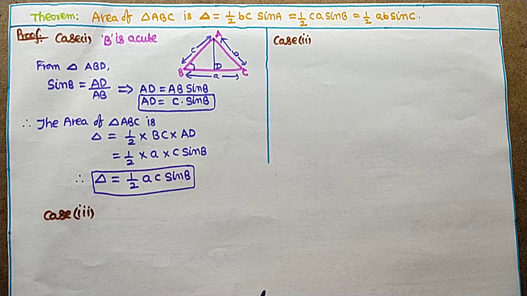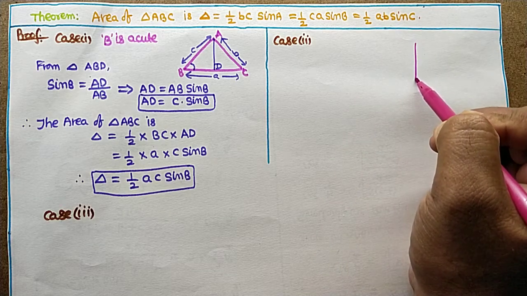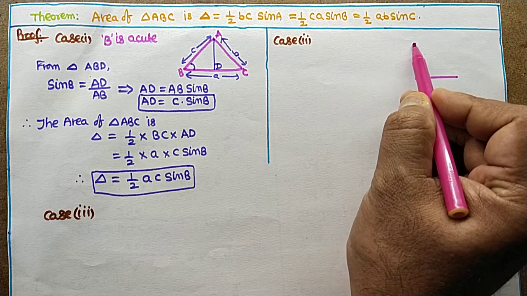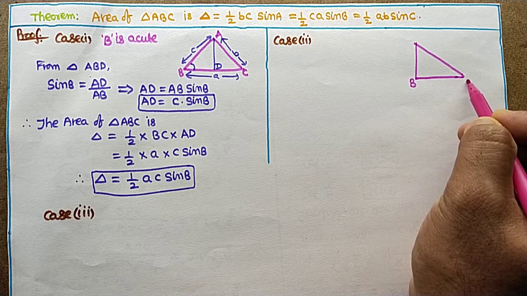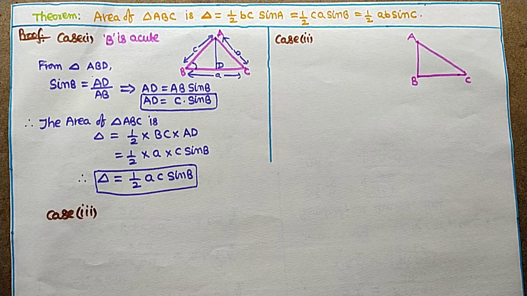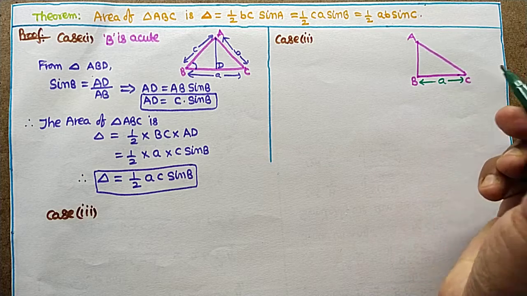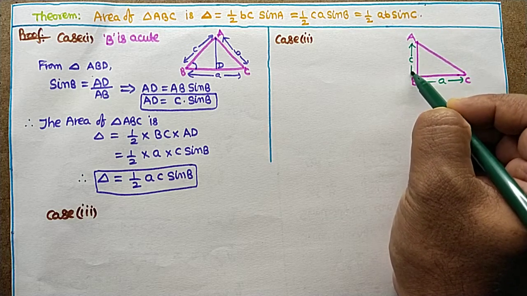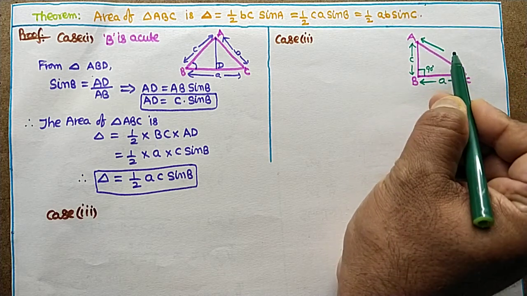Similarly, we will consider the second case, which is the angle B is a right angle. The angle B is a right angle here. Right angle means we know how to draw the figure. In the second case, you have to observe that BC is equal to small a, AB is equal to small c, and this is 90 degrees, and AC is equal to small b.